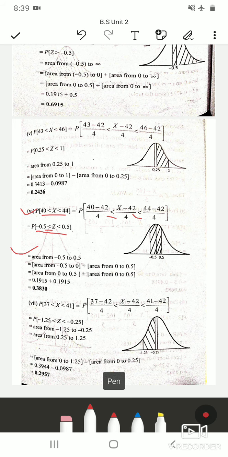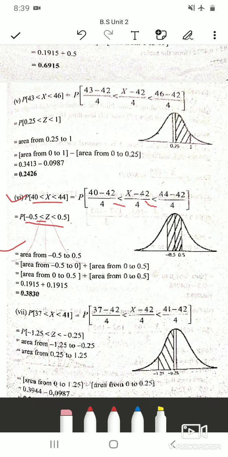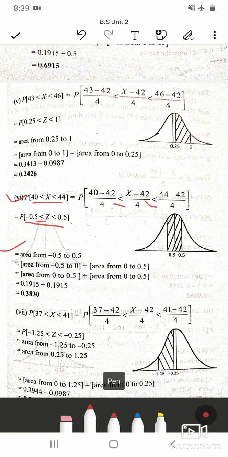It is the area from minus 0.5 to 0.5. That is, the area from minus 0.5 to 0 plus the area from 0 to 0.5, which is again written as the area from 0 to 0.5 plus the area from 0 to 0.5.